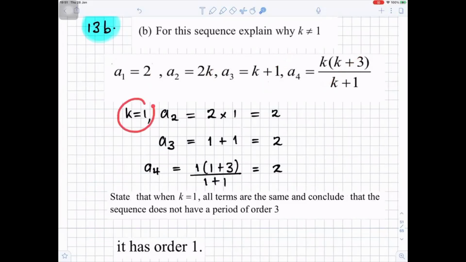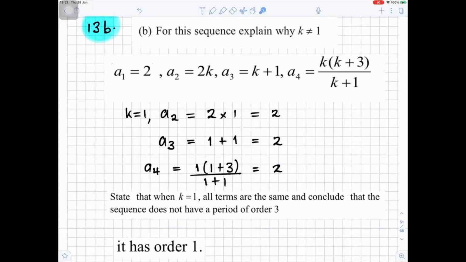If we put k equals 1, a2 would be 2 times 1, which will give you 2. a3 would be 1 plus 1, which will give you 2. a4 would be 1 times (1 plus 3) over (1 plus 1), which gives you 4 over 2, which gives you 2. So that means a2 will be 2, a3 will be 2, a4 will be 2.